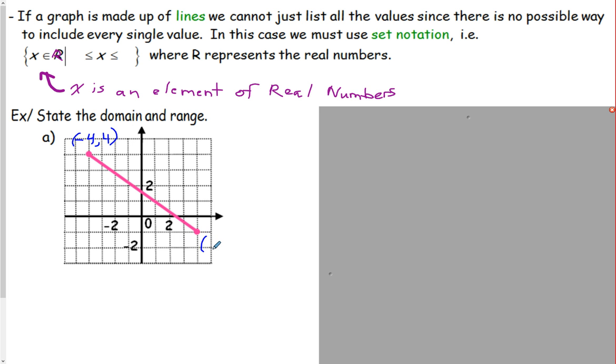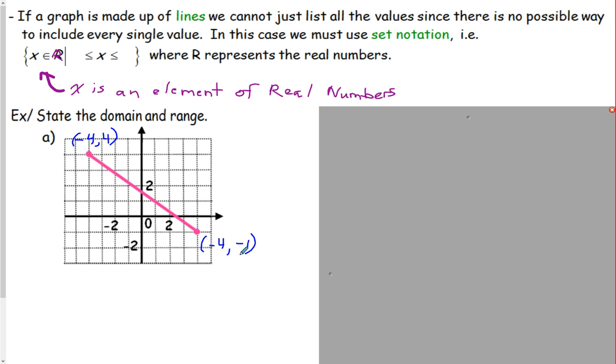This one is -1 X value and 1, 2, 3, 4. Oh, sorry, I got that mixed up. It's -4 X value, pardon me, and -1 Y value. There we go. Okay, I got it. So those are the endpoints there.